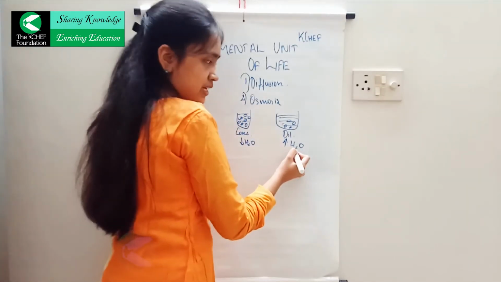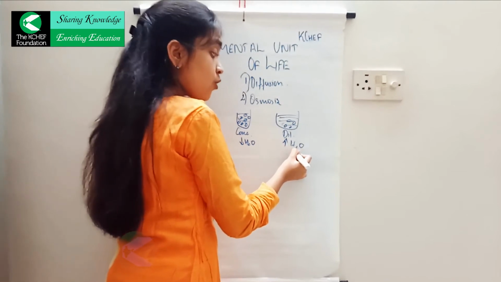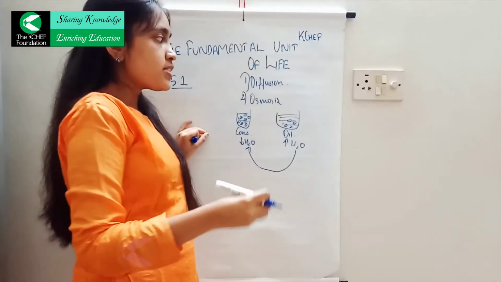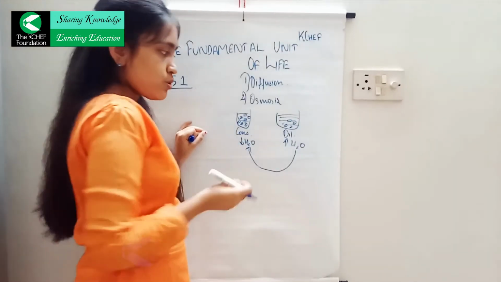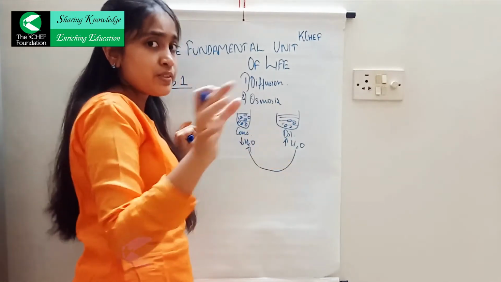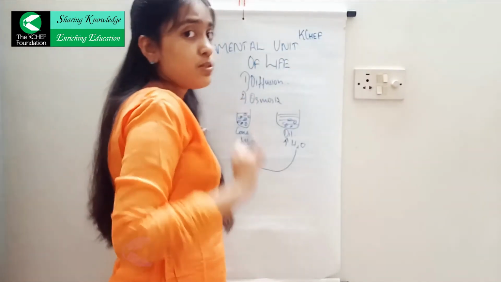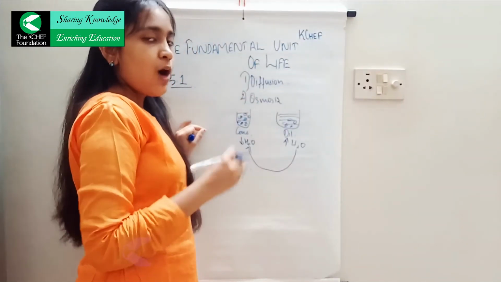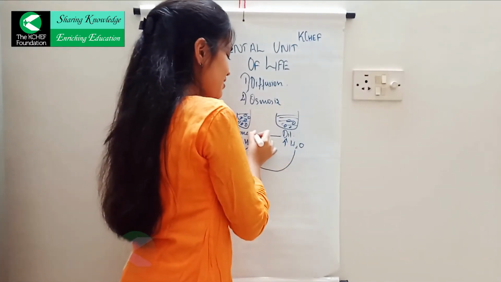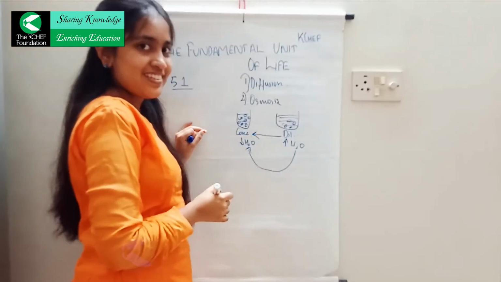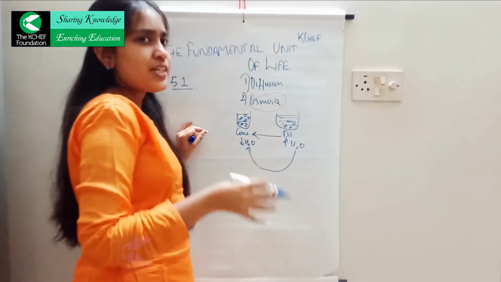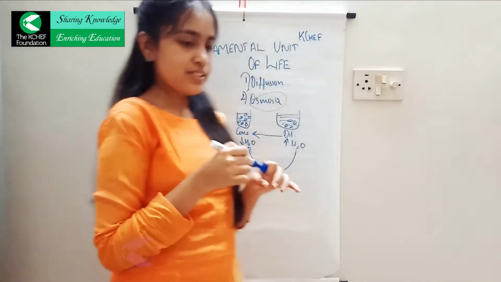It will take place obviously from higher water concentration to lower water concentration, because what is moving is water. So it will move from higher water concentration to lower water concentration as per the definition of diffusion, without the use of energy. But how is it actually moving from a dilute solution to a concentrated solution? You got the mechanism, and that's why there is a specific name for the transport of water, which is known as osmosis.